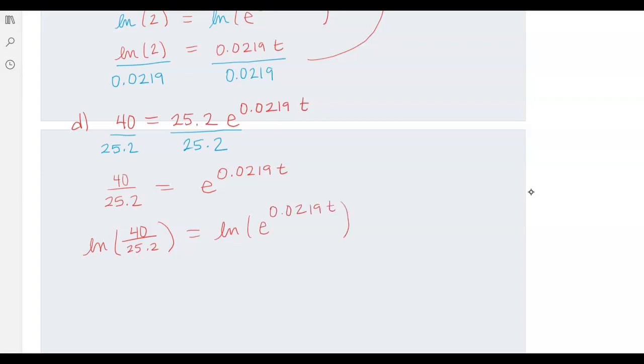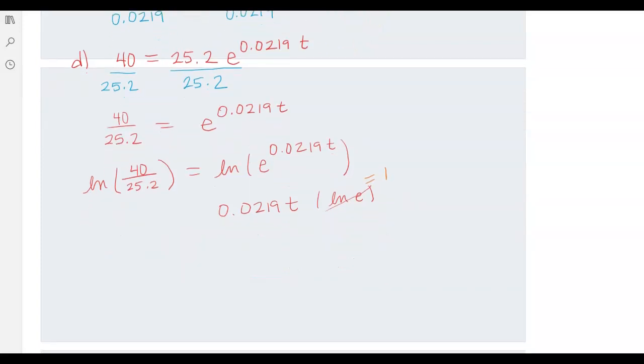And this will have the effect of the 0.0219t coming down to the front, and when we have natural log of e, this goes away because it's just equal to 1. So that's why we just end up with that exponent when you take the natural log of e.